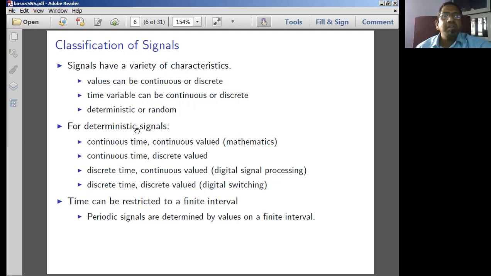See, we can have a deterministic signal for continuous time signal. We can have it for a discrete time signal, sorry. We can have it for discrete time signals, right? So now thereby we can just have a continuous time, continuous valued signal, continuous time, discrete valued signal, discrete time, continuous valued, all possibilities we normally going to get. Discrete time, discrete valued signals.